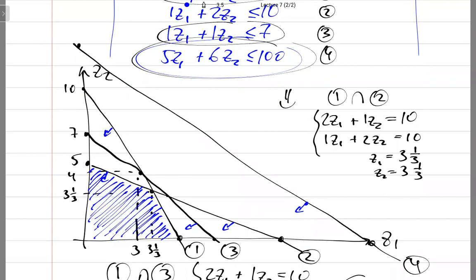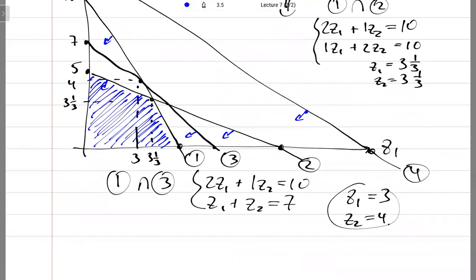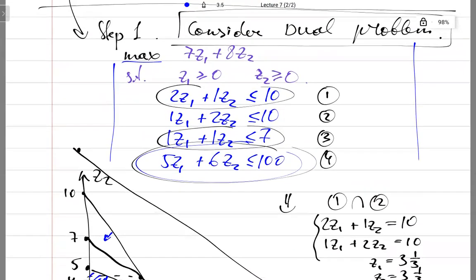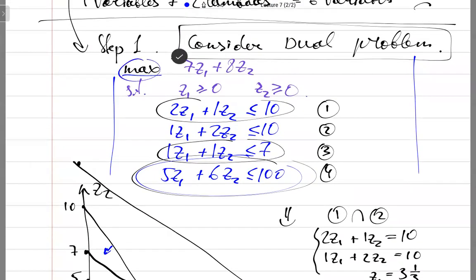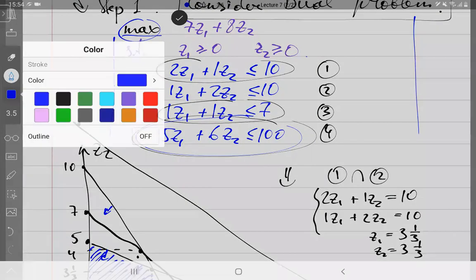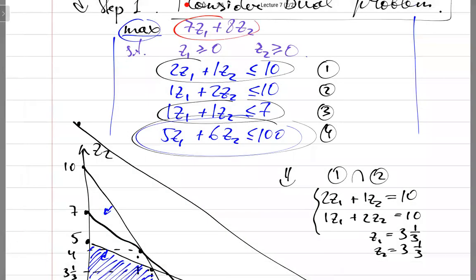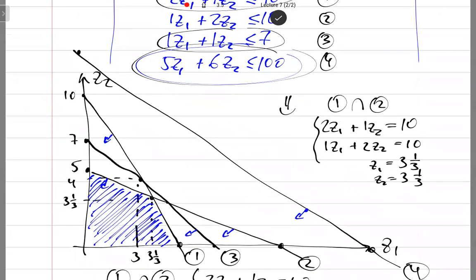Okay, now I can solve my, so it was maximization. Now it's a maximization problem. So let me draw the level curves of 7z1 plus 8z2 is equal to constant.